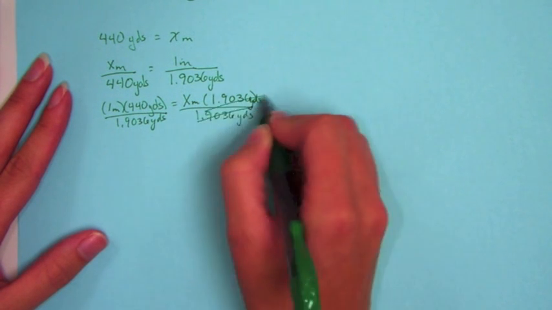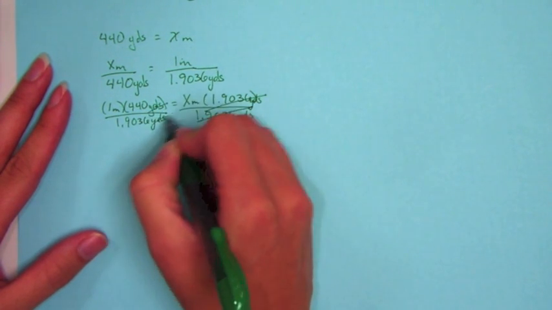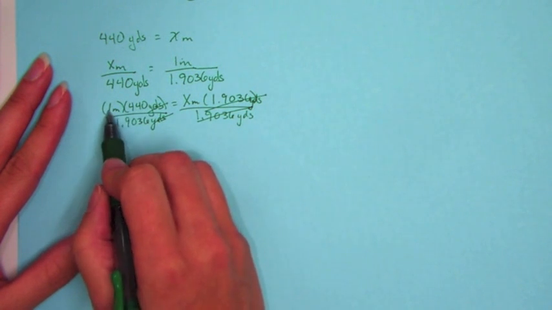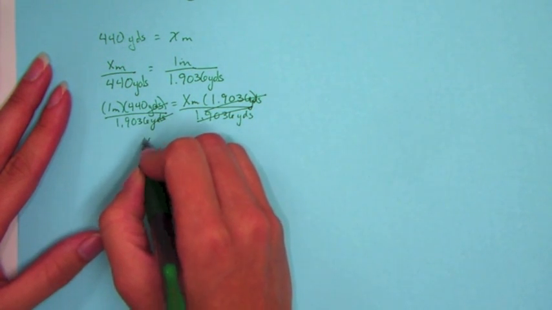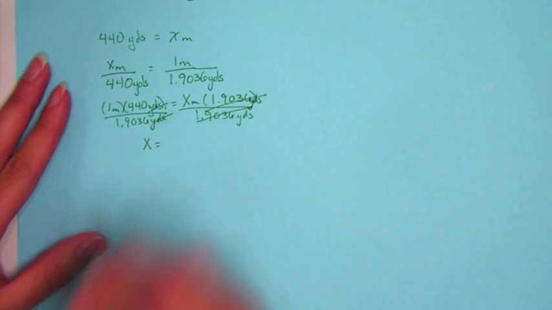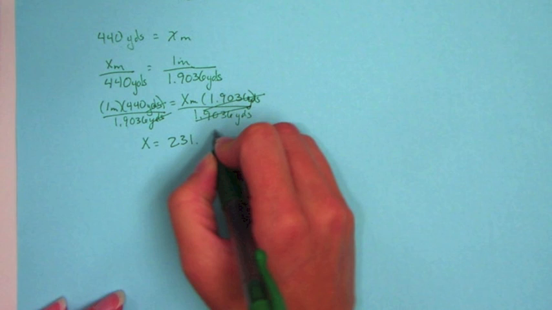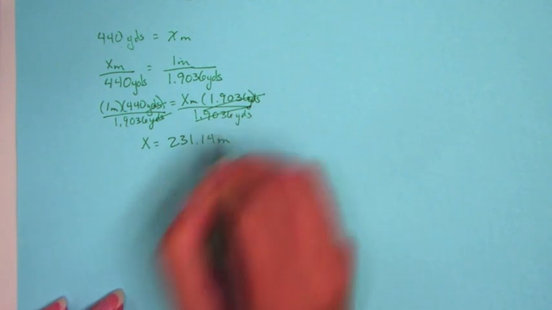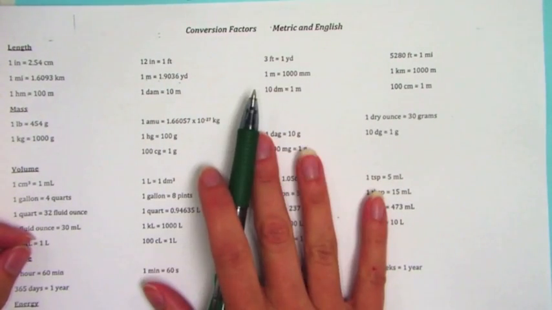Since yards is on top and yards is on bottom, we can cross both of those out. So we're left with 1 meter times 440 divided by this. We get X to equal 231.14 meters. So this is a pretty easy one, especially when the relationship is stated for you on this paper.